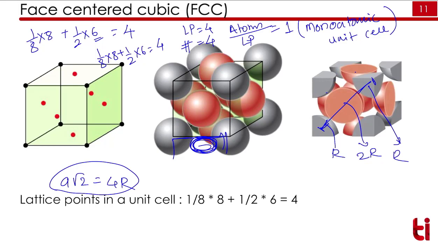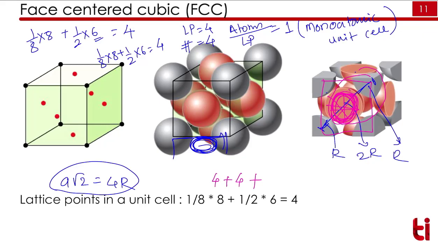Now the coordination number in FCC. If you take this atom as a target atom and find the number of atoms touching it, you can see that in this plane 4 atoms are touching. So 4 plus the same type of atoms touching behind, so 4 plus 4 plus.